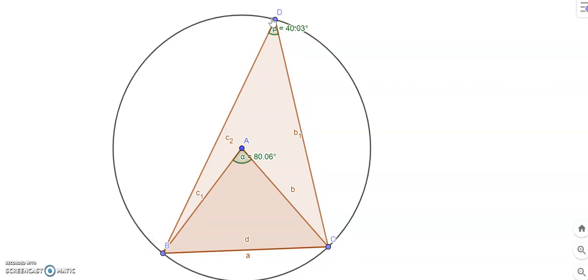So that one is very important and very easy. So if I have 100 at the center, then the angle at the circumference is 50, as long as the angle is subtended by the same chord.